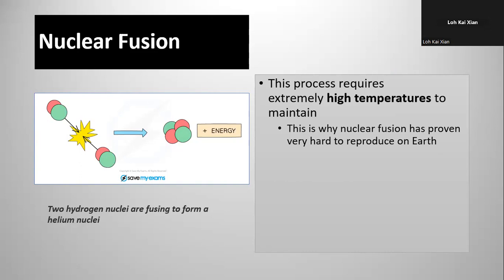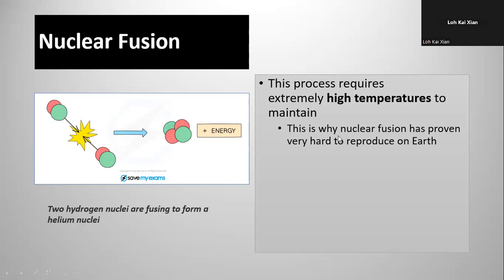We want them to move faster, but at the same time, remember the two nuclei are positively charged. So as they come together, they are going to repel each other. Unless your speed is high enough, they will not collide. So you want them to collide. That's why you need high temperature.